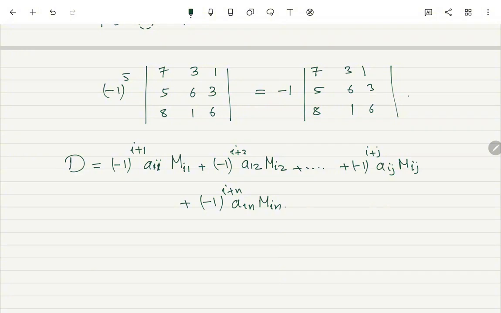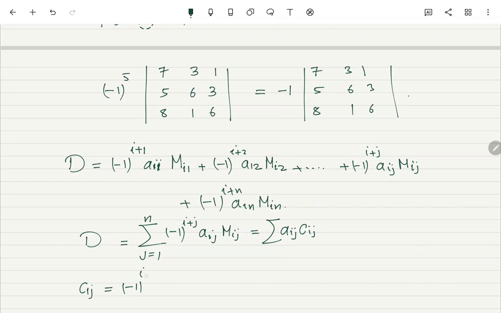In compact form, we can write D equal to summation j equal to 1 to n of minus 1 to the power i plus j Aij Mij, or equal to summation Aij Cij, in such a way the cofactor Cij is given by minus 1 to the power i plus j Mij.